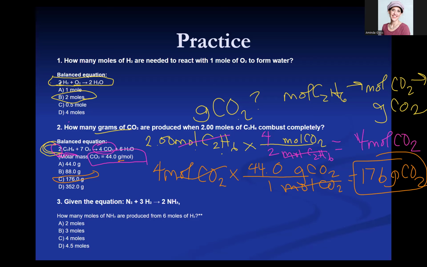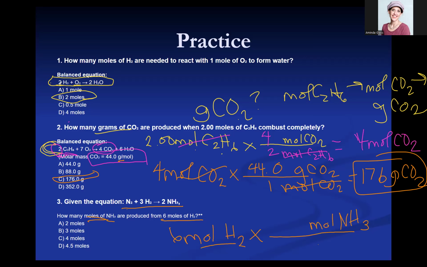Okay, 3. Given the equation right here, nitrogen plus 3 hydrogen produces 2 ammonia. How many moles of ammonia are produced from 6 moles of H2? Okay, I'm starting with 6 moles of H2. What do I want to go into? I want to go to moles of ammonia. What do I need to get rid of to do that?